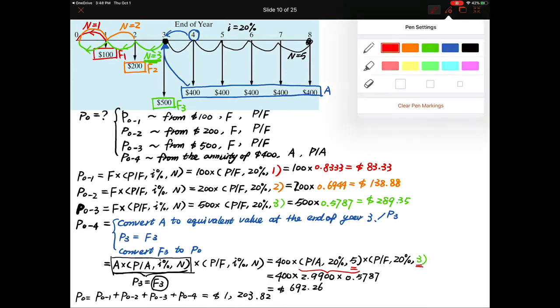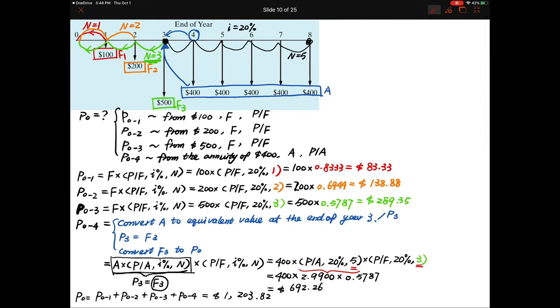The tricky part of this problem is this process, and how you find out this n and this n.